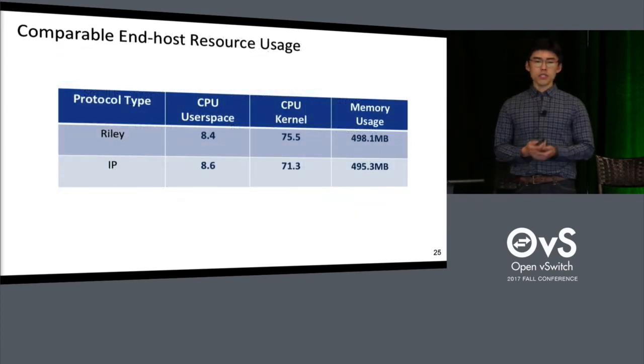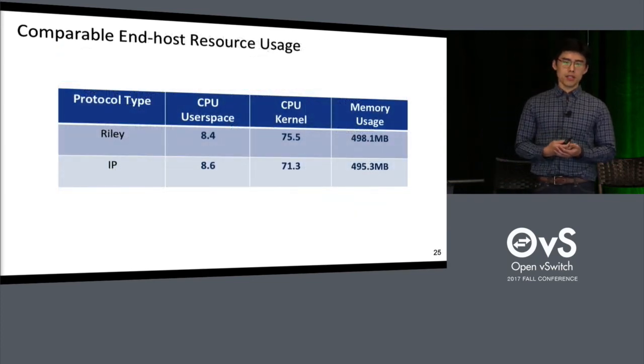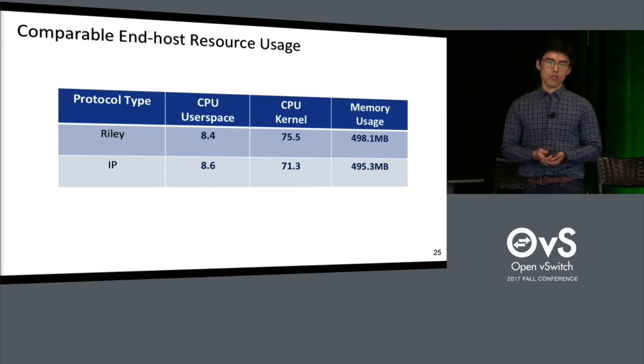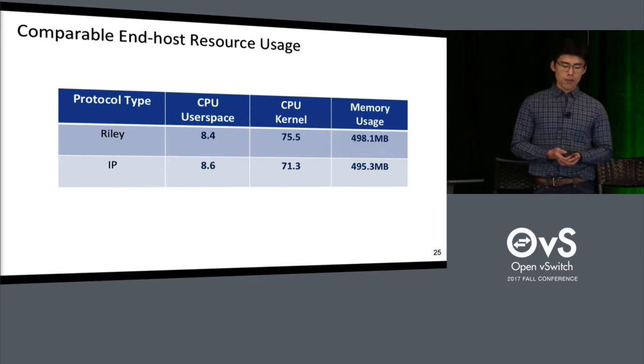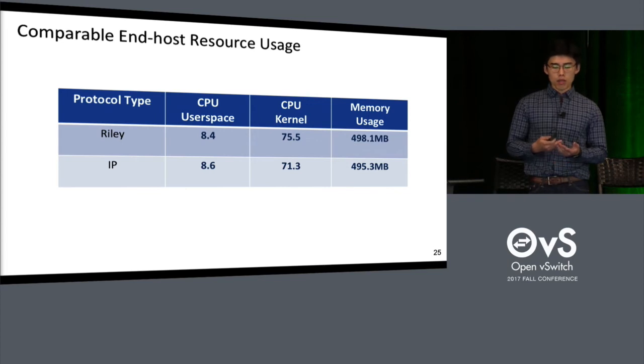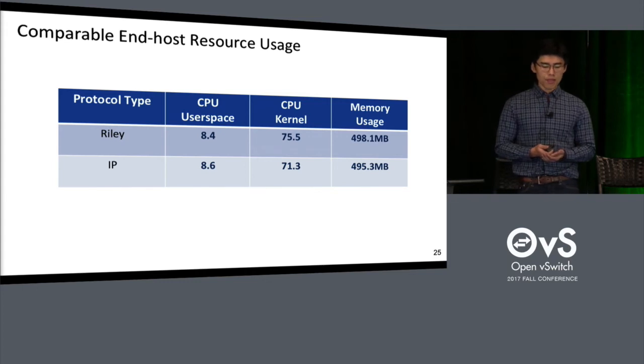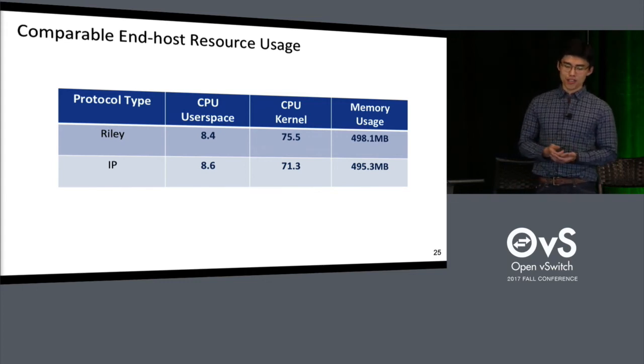And since we added the custom kernel to our end hosts, we wanted to see how much more resource the end hosts use. As you can see, the end host usage is very comparable. The end hosts in Riley consume a little bit less user space CPU, but a bit more kernel space CPU, since we added custom logic to the kernel.